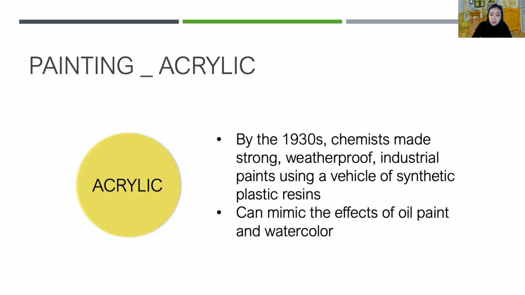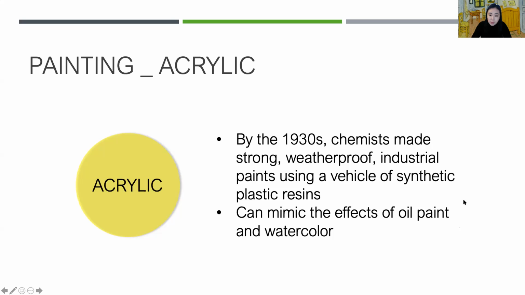These new synthetic artist colors are broadly known as acrylics, and the vehicle consists of acrylic resin polymerized through emulsion in water. As acrylic paint dries, the resin particles coalesce to form a tough, flexible, and waterproof film.